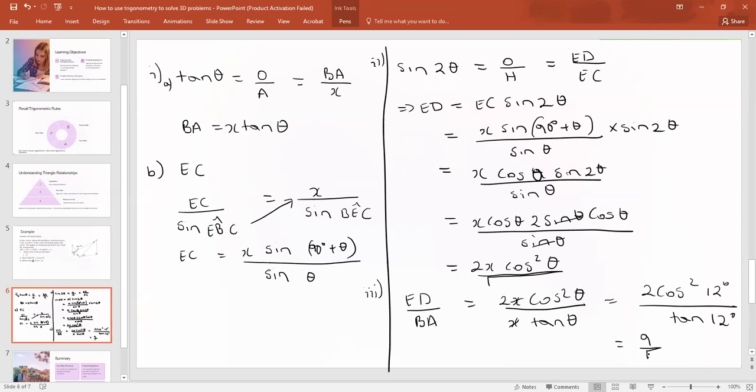So this is how we can use our various trigonometric principles. Always remember, when you're given a problem, observe. If you're not given a sketch, see the known sides, the known angles, and see what trigonometric principles apply. It can be the area rule, it can be the sine rule, it can be the cosine rule.